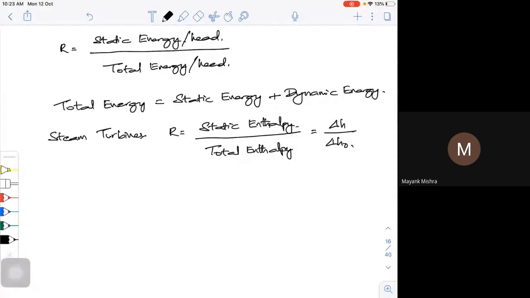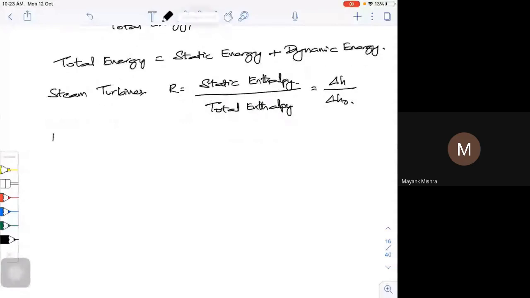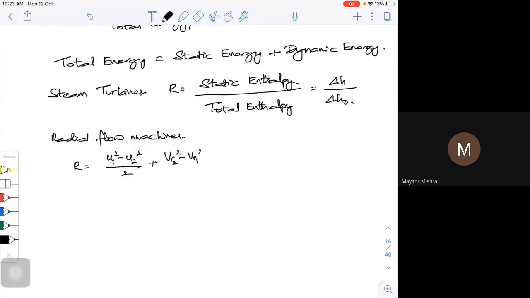So what about the other type of machines? If we take, for example, a radial flow hydraulic turbine or compressor, how do I define R? R is equal to the static energy divided by the total energy. What is your static energy? If I go back and look into the alternate form of the equation, for a turbine I can write it as U1 square minus U2 square by 2 plus VR2 square minus VR1 square by 2.